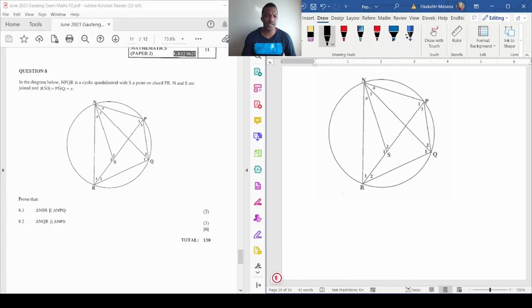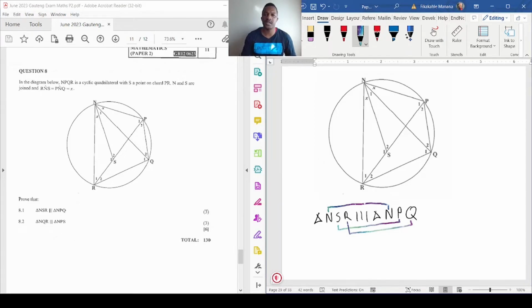When they put it like this, what they mean is that the angles are put in order such that this N must be equal to that N, and then that S must be equal to that P, and then that R in turn must be equal to that Q. That's how it's done. That's what we have to prove.